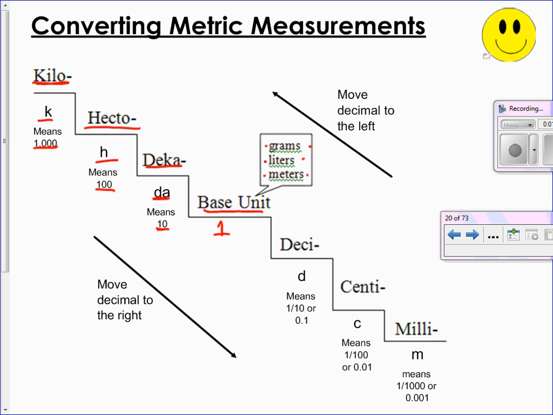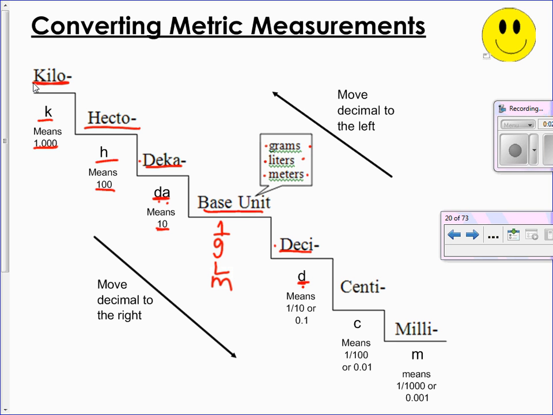Their symbols: for grams it would be G, liters a capital L, and meters a lowercase m. So then we get into deci, which is smaller than 1, and that means 1/10, and it only has the letter D as its symbol. There were 2 D's, which is why deca got DA and deci just got D.